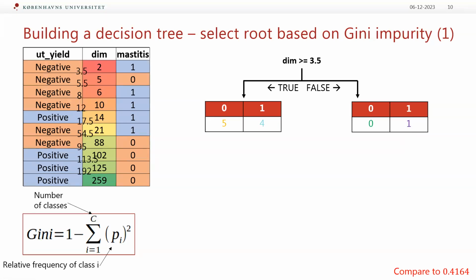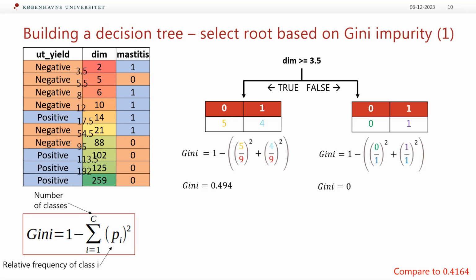So here we have a node which only has 1 class represented. That means it is a pure node. And we can calculate the Gini impurity for both nodes as we did before, and notice that the pure node has a Gini impurity of 0, which will always be the case for a pure node.